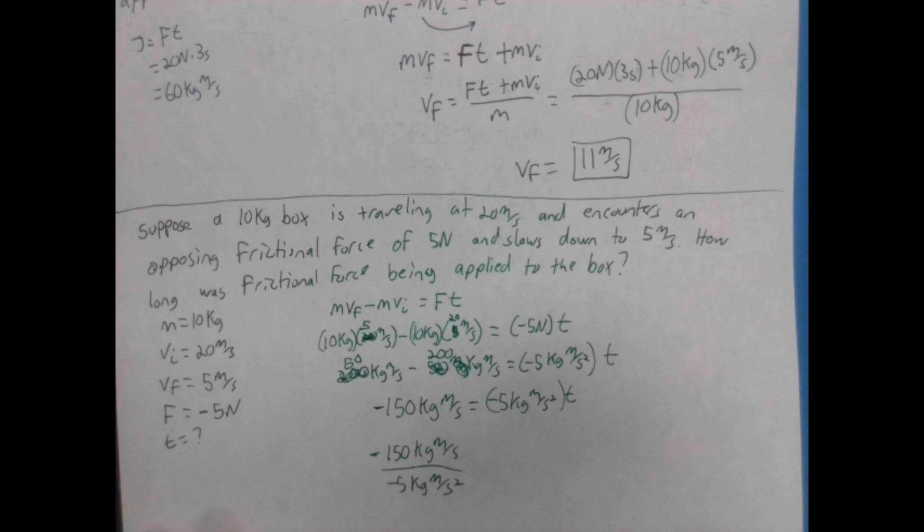So negative 150 divided by negative 5. It's 30. And kilograms cancel out with kilograms. Meters cancel out with meters. Seconds divided by per second squared.